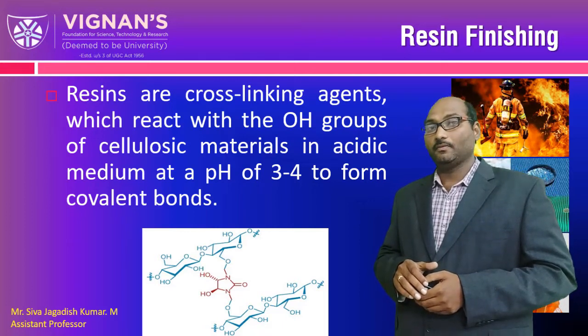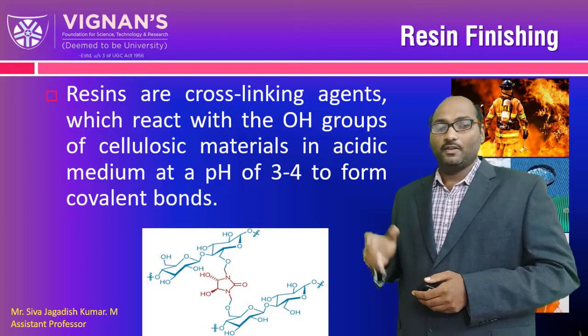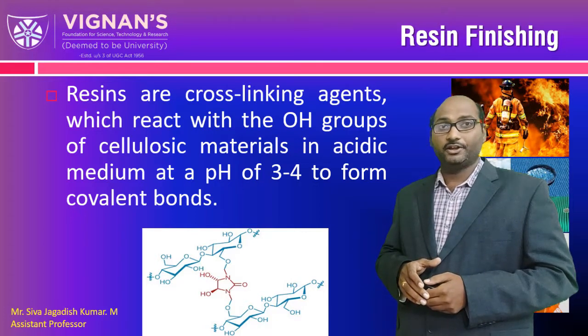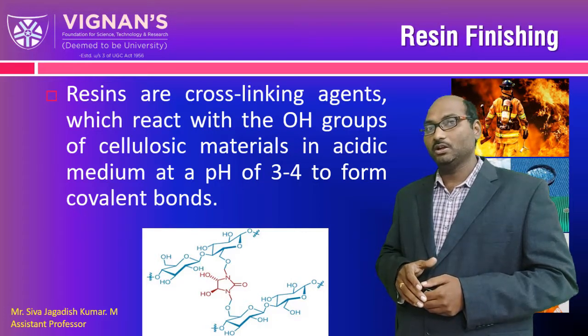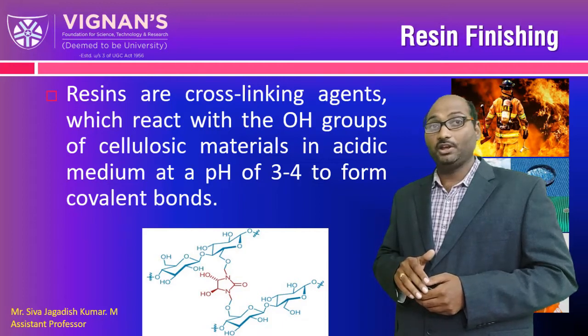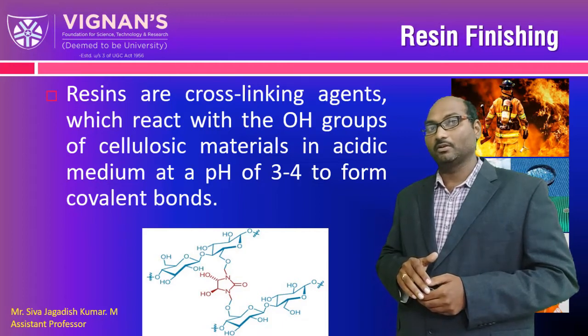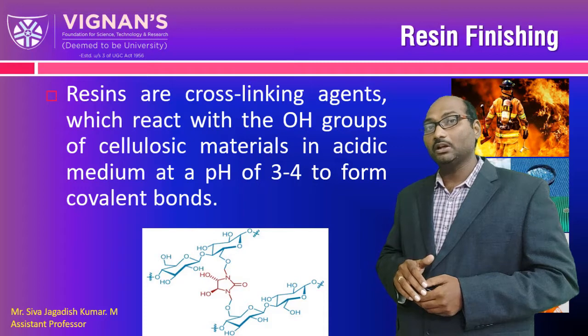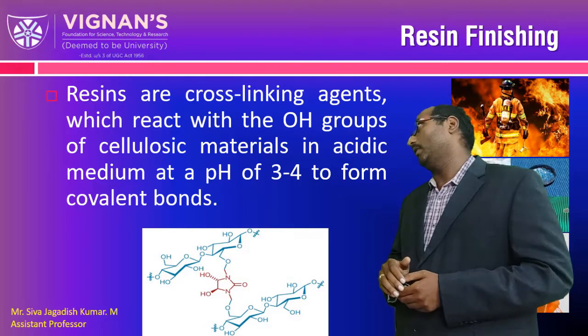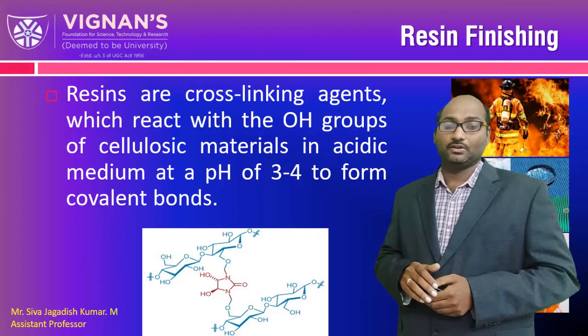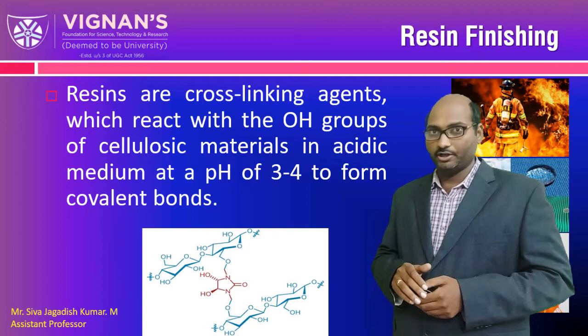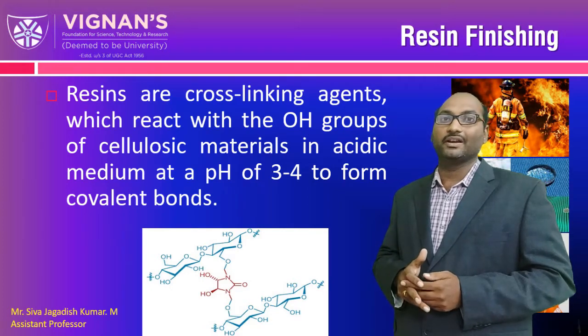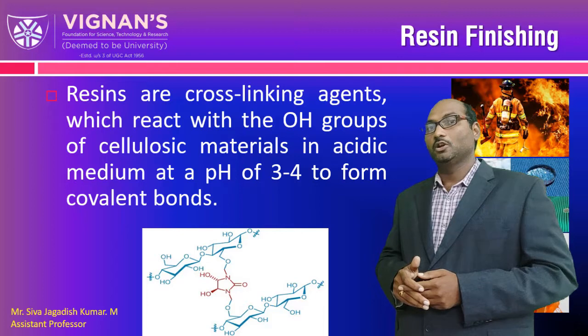The monomer of cellulose has how many free OH bonds? 3 free OH bonds. Out of these, either 1 or 2 will form bonds with the resin. It's not 100%, only some of them, so that it restricts the movement.